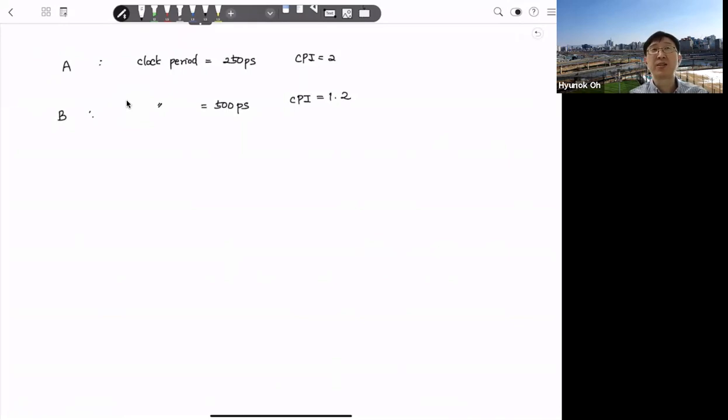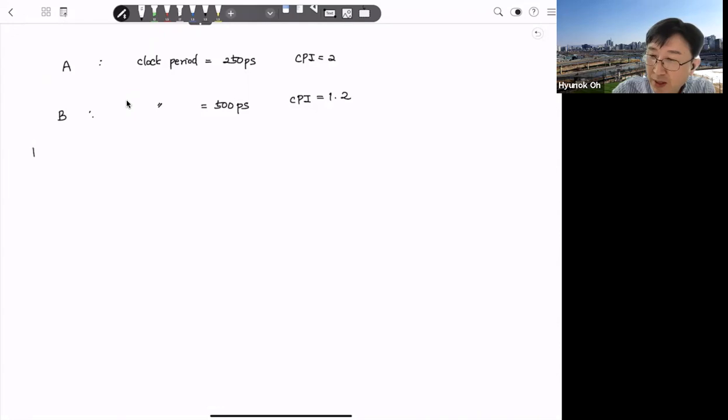So in this case, which one is faster? And how much faster? Do you think which is faster between A and B? A. Do you think how much faster? A will be 1.2 times faster. So let's compute it.